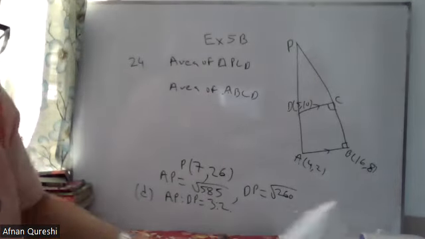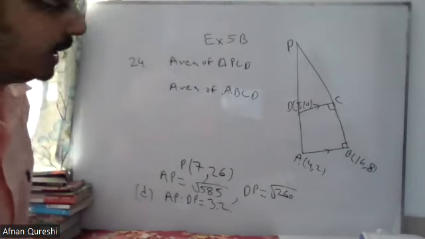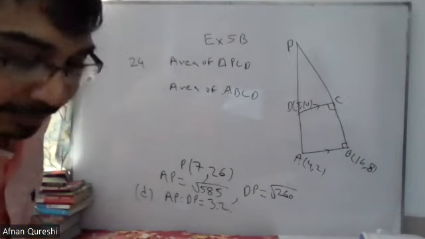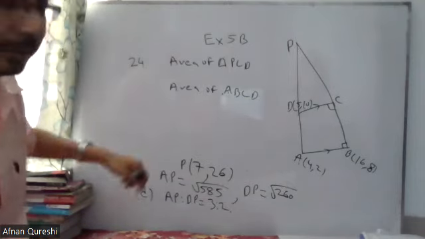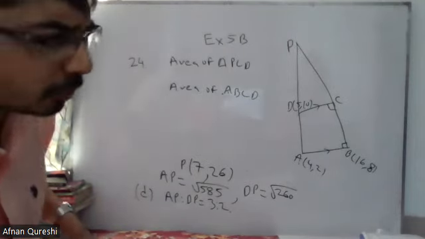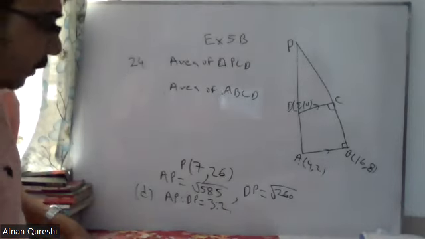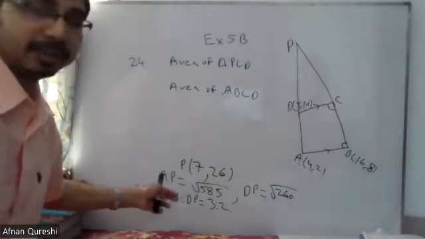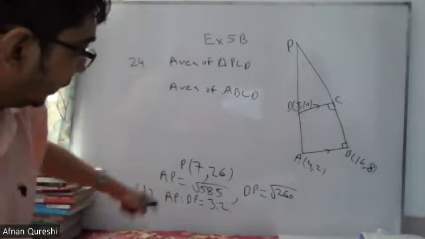But here, since we have already found AP to DP, we can use that answer to find the ratio, so you don't need to find the individual areas. In the question, I sense that is what they would like you to do, use the previous answer.